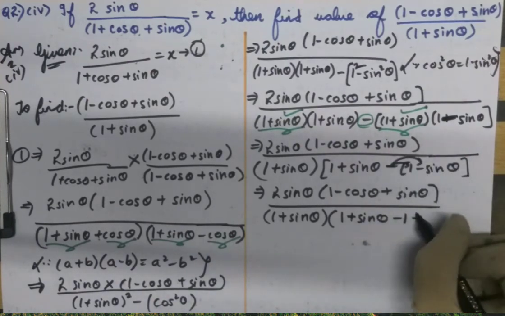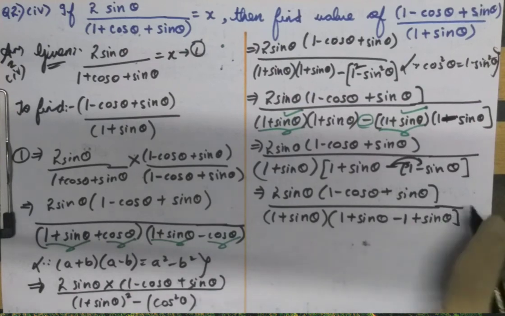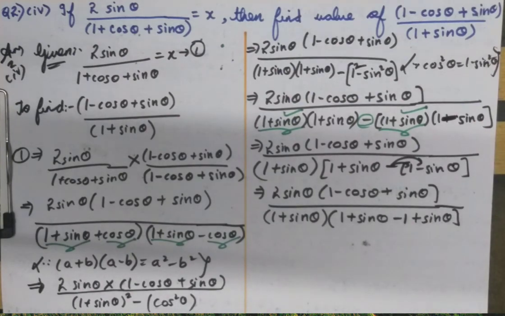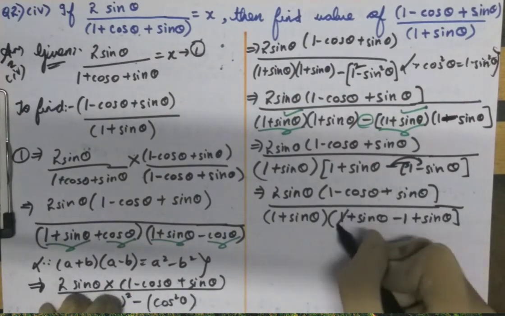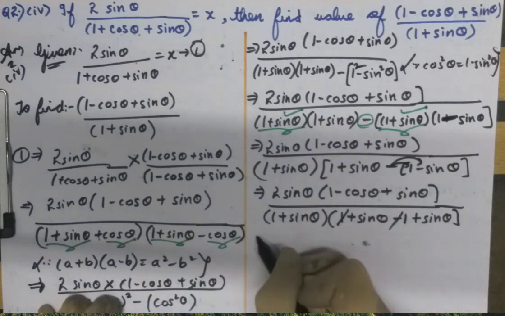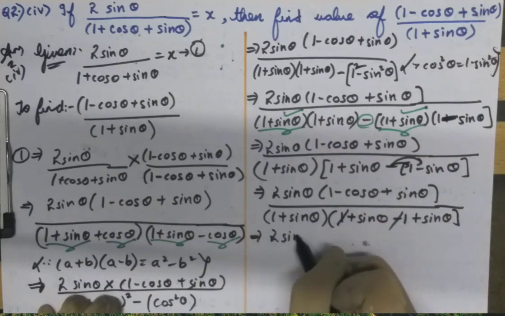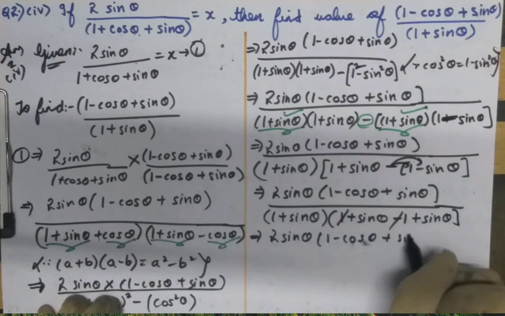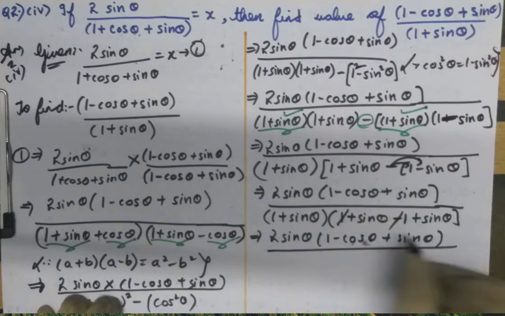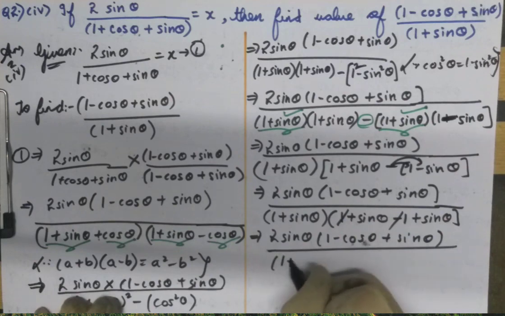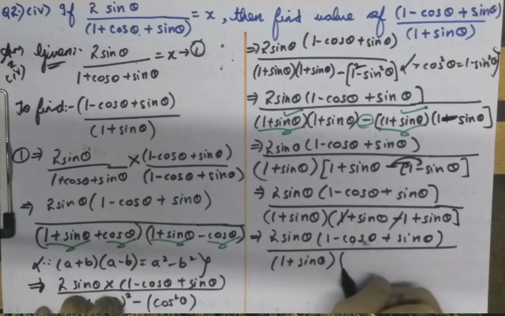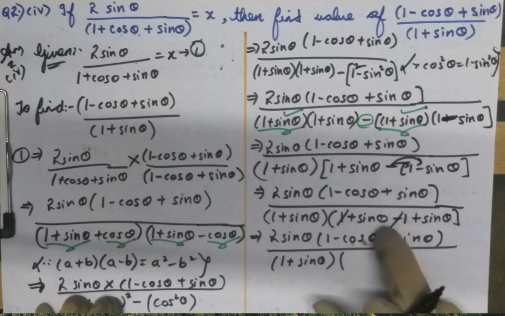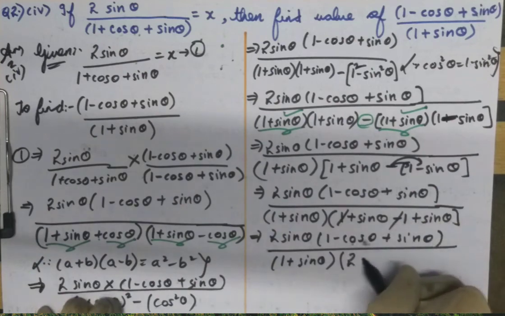Minus into minus sine theta is plus sine theta. So here plus 1 and minus 1 will get cancelled. Okay. And 2 sine theta into (1 minus cos theta plus sine theta) by (1 plus sine theta) into (sine theta plus sine theta, which is 2 sine theta).